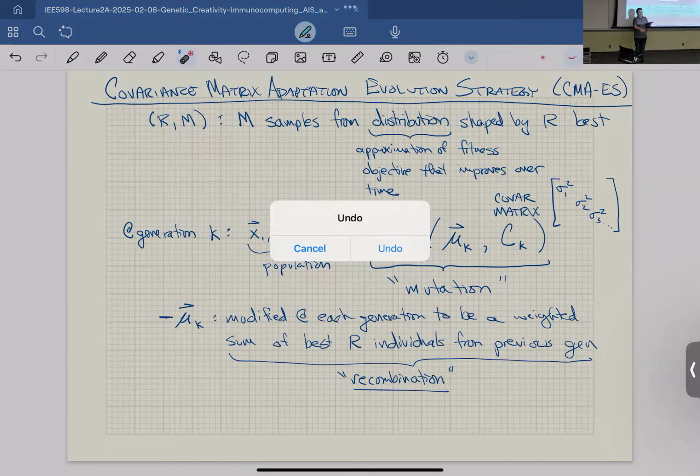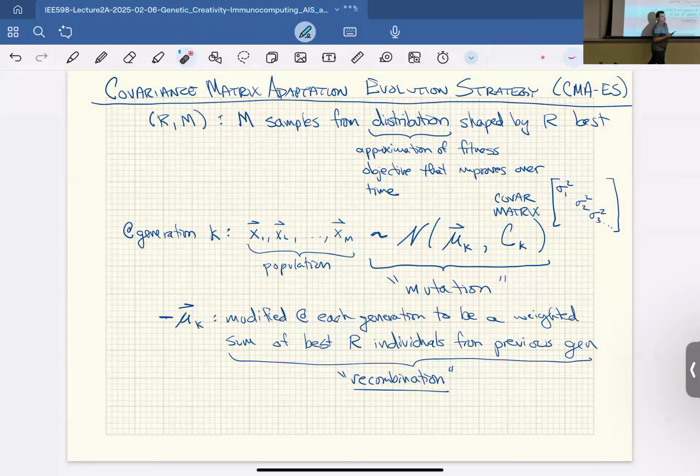But if the top one has a little higher weighting, then maybe it'll be biased a little bit towards the one that's really good. That moves this distribution over so that in the next generation, my offspring will be more over here. So that's the first step, so to speak. Before I get to covariance, are there any questions about this so far?